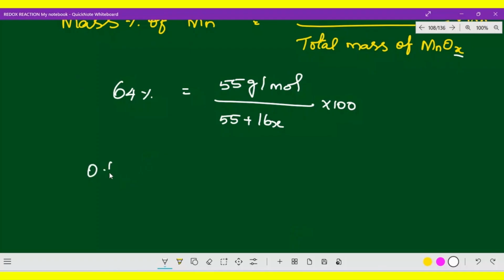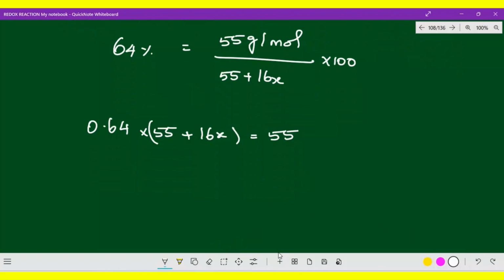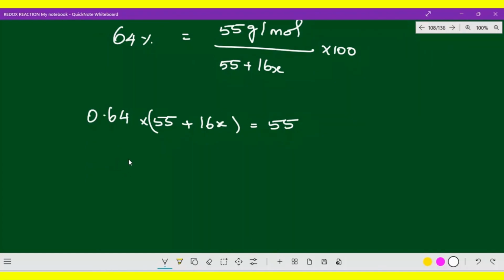0.64 into (55 plus 16X) equals 55. When we calculate this, we get 35.2 plus 10.24X equals 55.